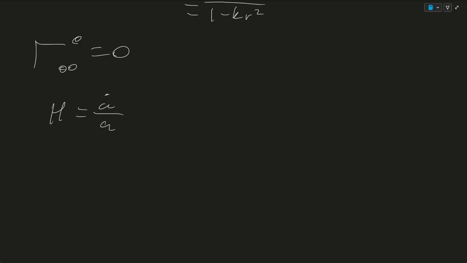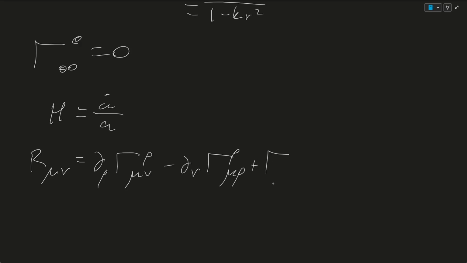So R mu nu is d rho gamma rho mu nu minus d nu gamma rho mu rho plus gamma rho rho lambda gamma lambda mu nu minus gamma rho nu lambda gamma lambda mu rho. The hardest thing about tensors is cycling through these and remembering which ones to do. Stupid indices.